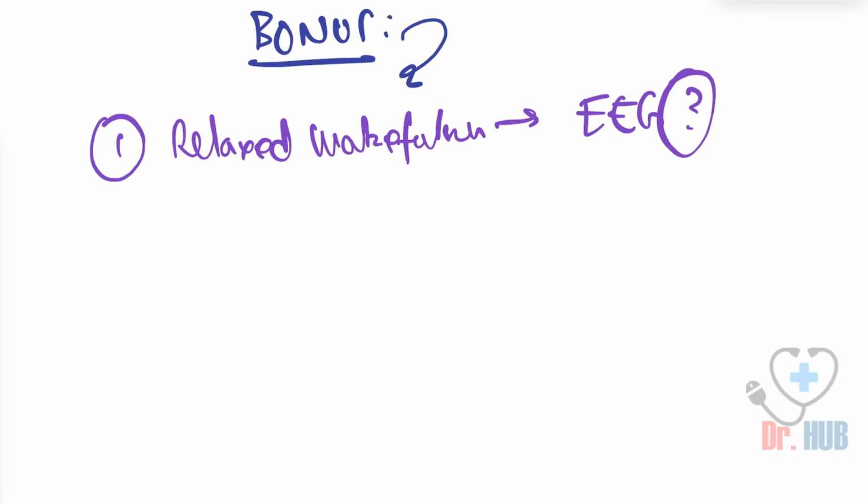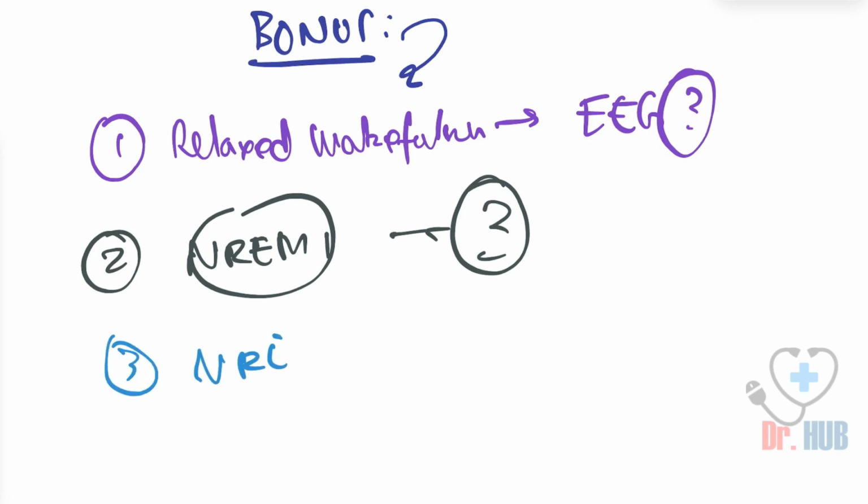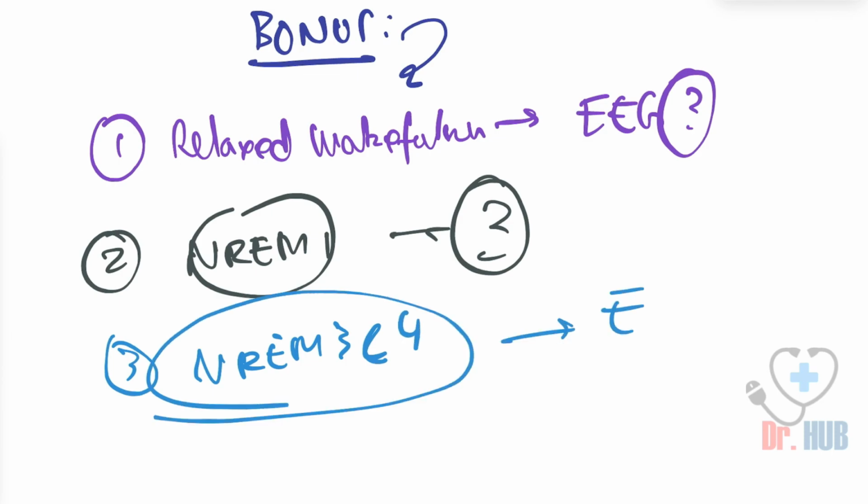The second is, in terms of NREM1, what are the EEG findings? The third question is, in case of NREM3 and 4, what are the EEG findings? You can answer these questions in the comments.